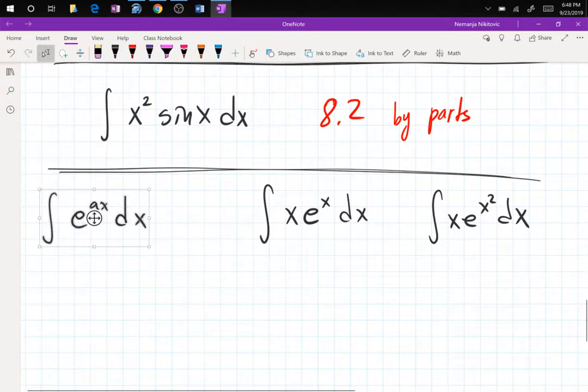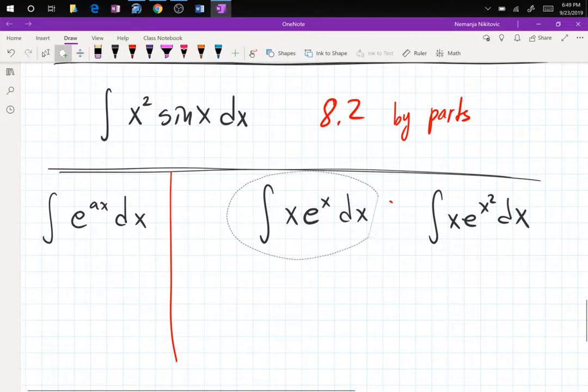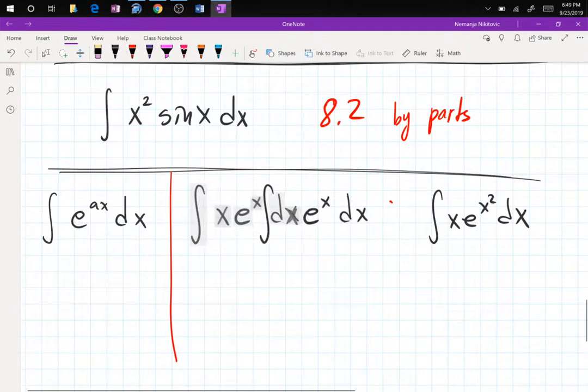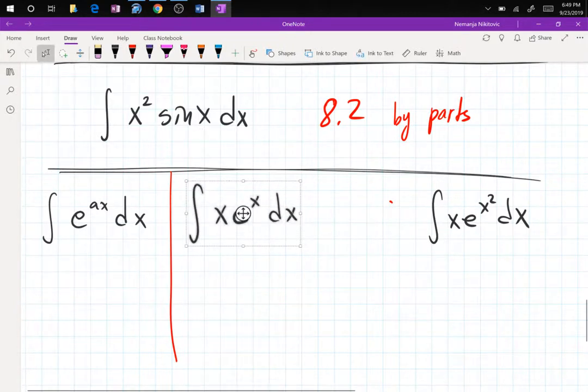You can move all of these things by selecting them, like this, and then just move it right here. And that gives you more space for the next one.